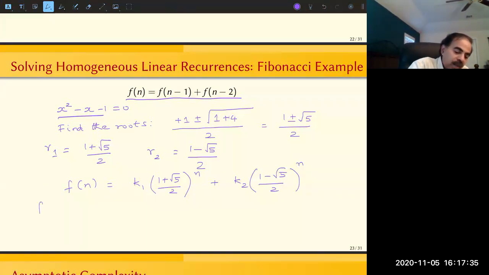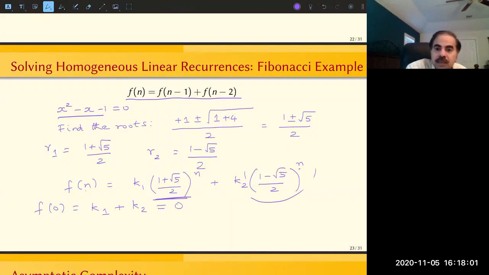Then we get f of 0 equals k1 times 1 plus k2 times 1, because when n equals 0 the powers become 1. So f0 equals k1 plus k2, and we know that the Fibonacci number of 0 is just 0.